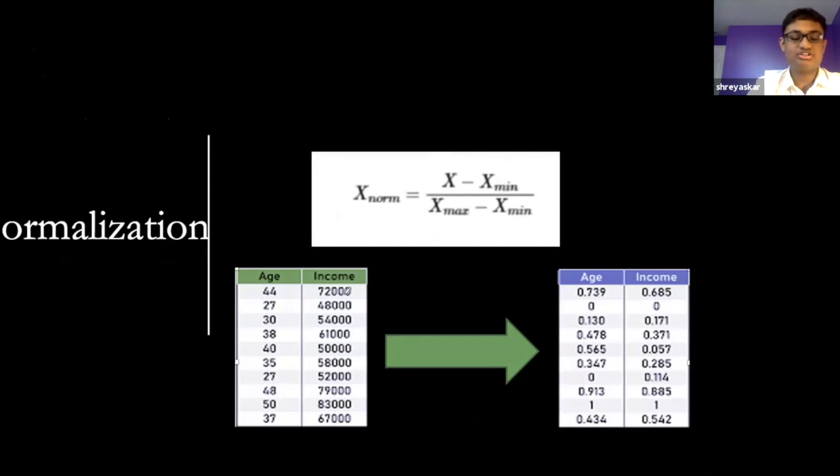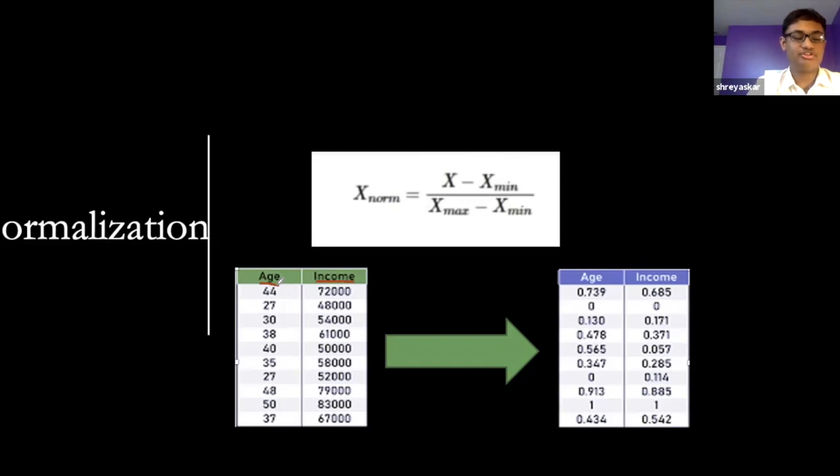So it just scales the values. The reason we do normalization is so our models don't advantage one feature over the other just because of its size. So that's how those two things are different.